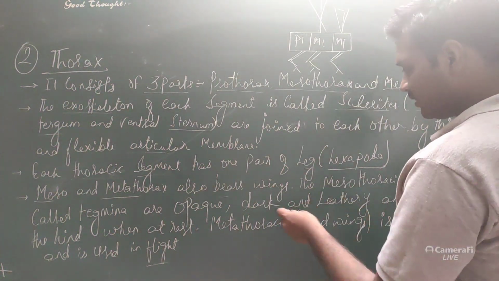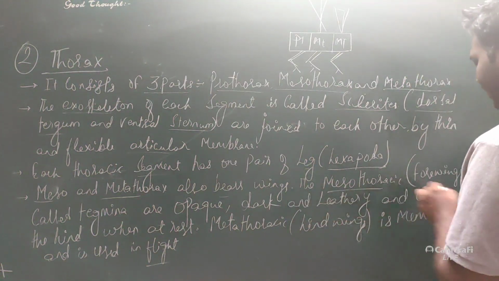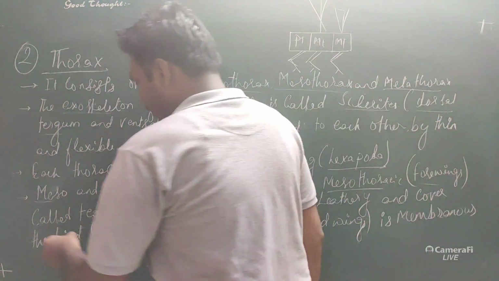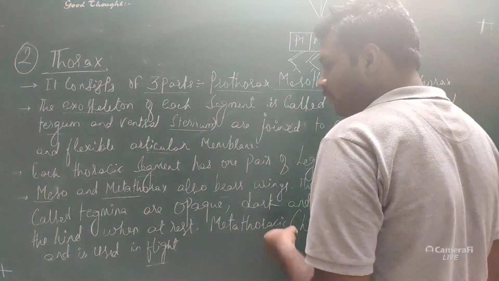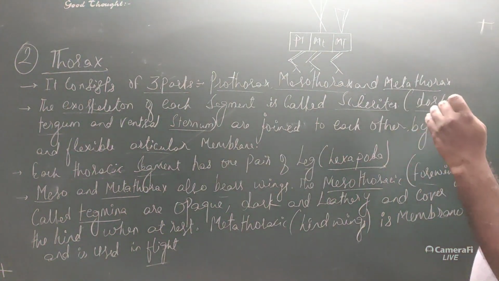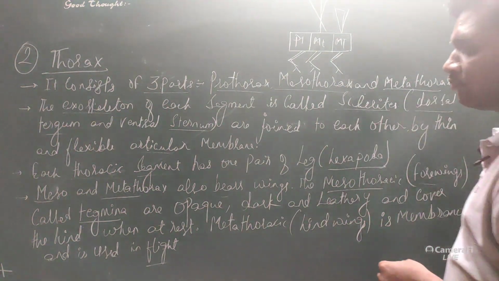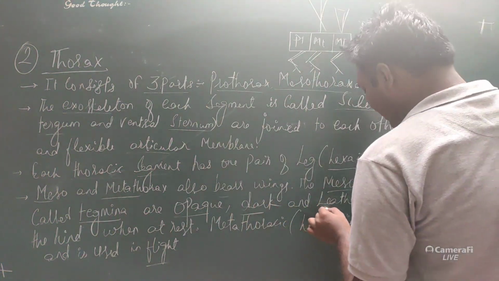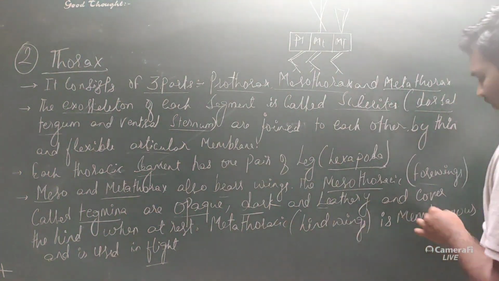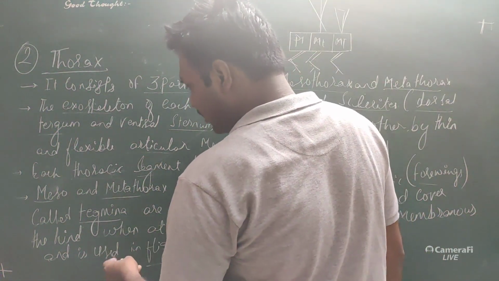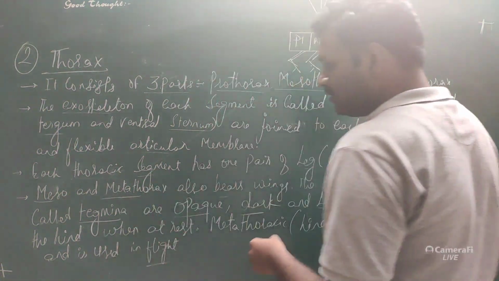The mesothoracic wings are the forewings, called tegmina. The forewings are called tegmina and are opaque, dark and leathery, and cover the hind wings.